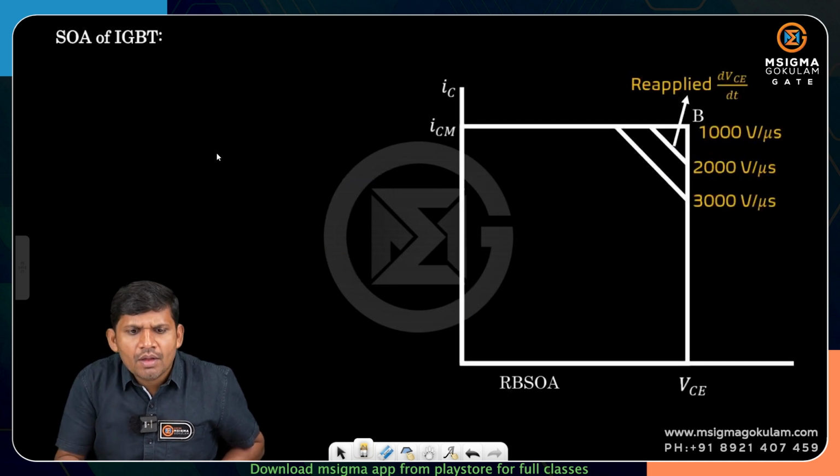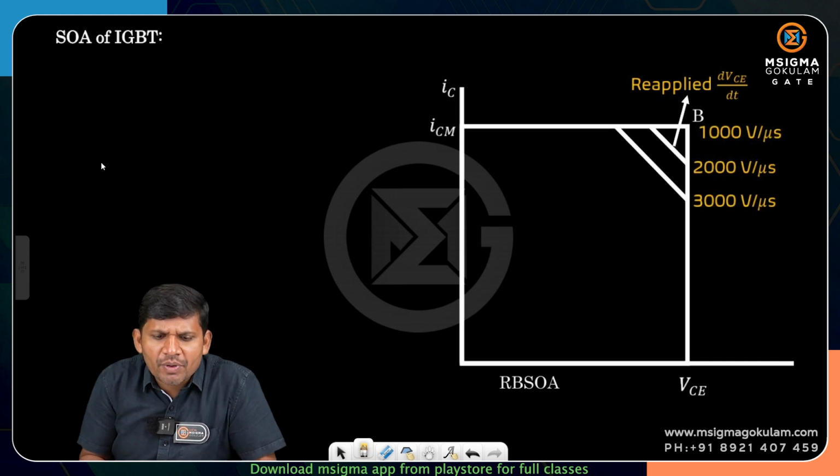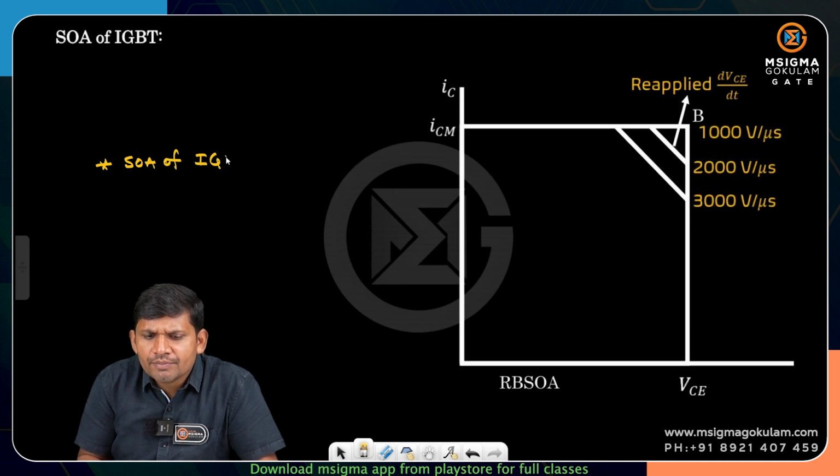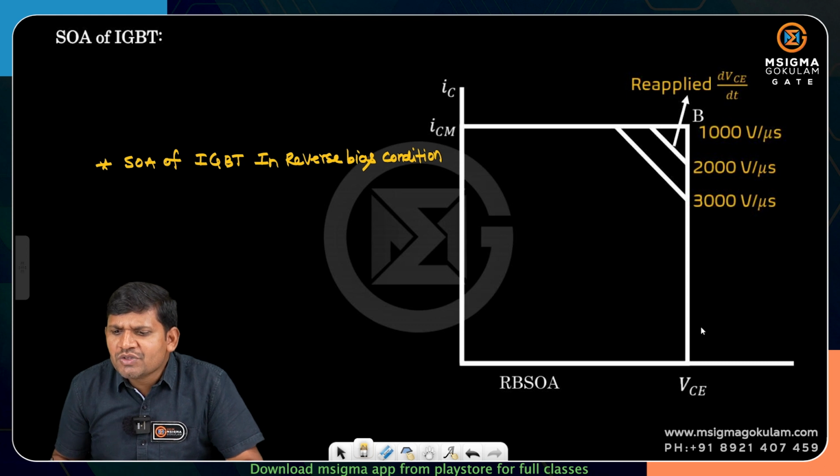Next, this is the safe operating area of the IGBT in reverse bias condition. Now what is the observation here?